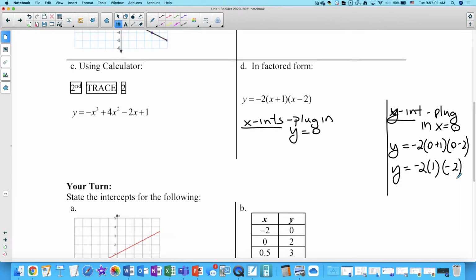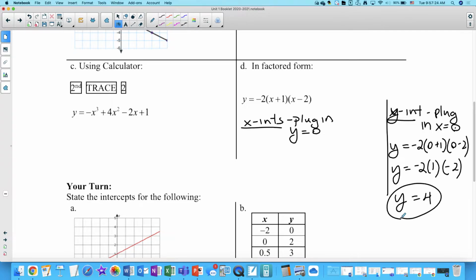That is -2 times 1 times -2, so y equals 4. Now this one was relatively easy because y is already isolated. So we just plug in a value for x, which is 0, and then evaluate it.